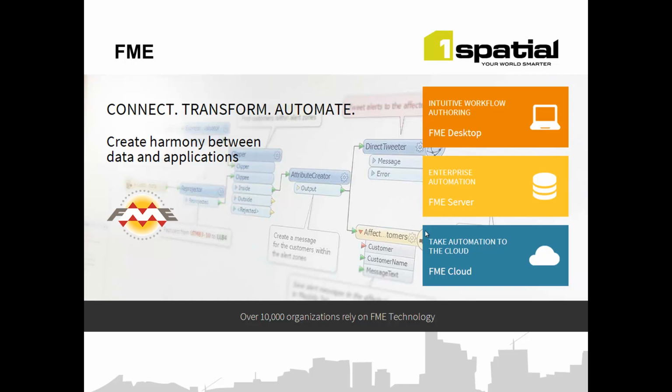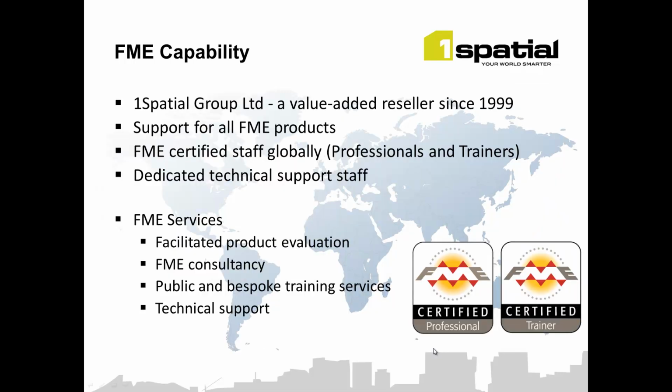So it allows non-FME users to leverage ETL processes. And FME Cloud is effectively FME Server hosted on the Amazon AWS environment. So it's all set up and ready to go. You just need to create an account, launch an instance, and away you go. So they're the main products from SAFE.